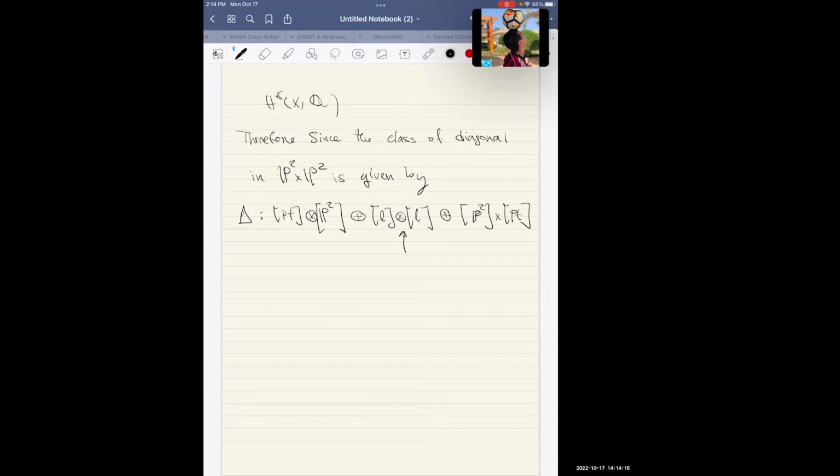This is the one that we are interested in. This gives the choice of Ti and Tj.